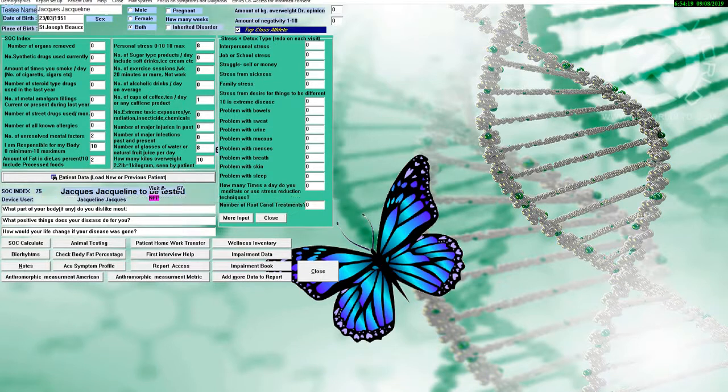And we have an index here that tells us the level of the lifestyle, the best lifestyle for the person. So here 75, we would like the closest to 50.